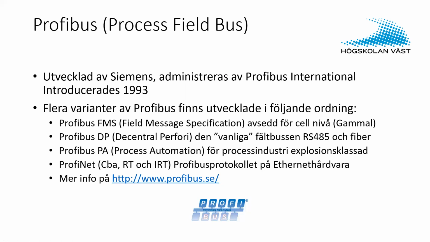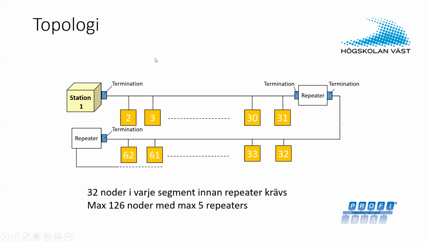So a Profibus topology looks like this. It's a bus network. You have a master and you have a lot of slaves. It might be possible to have 30 slaves or something like that, but you can also use repeaters to connect more segments.